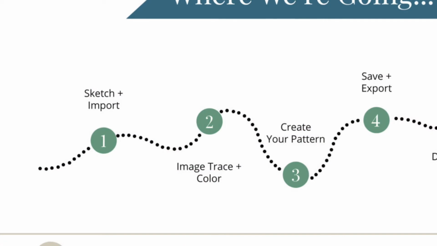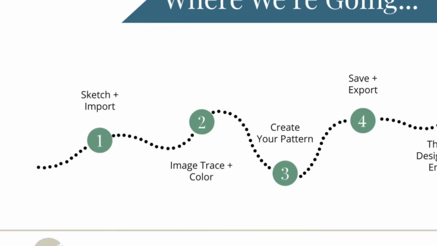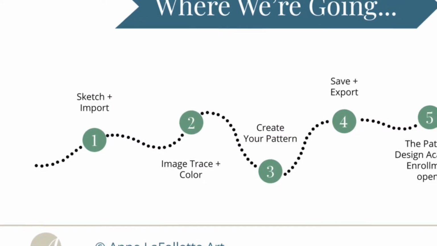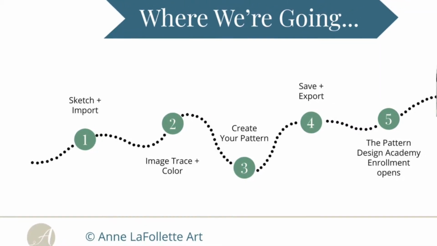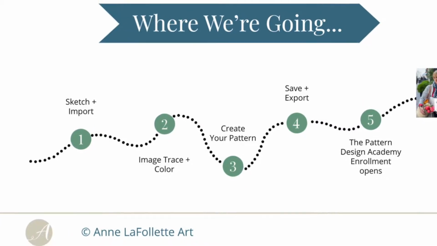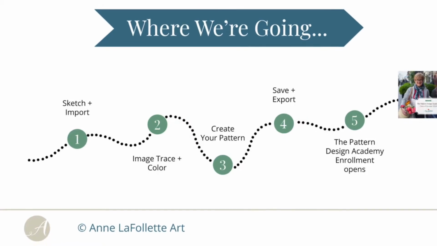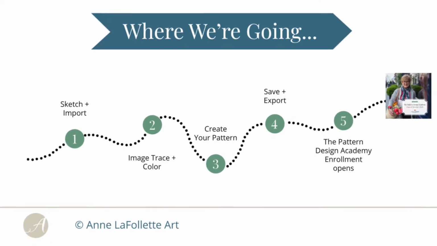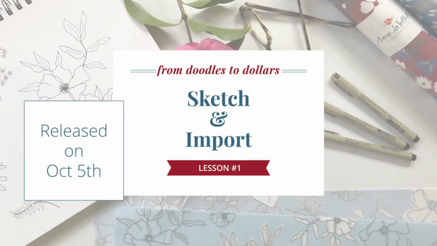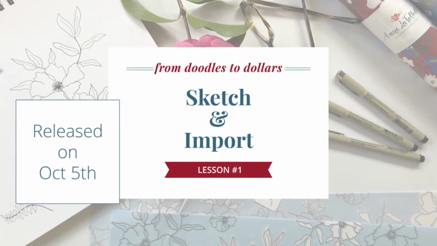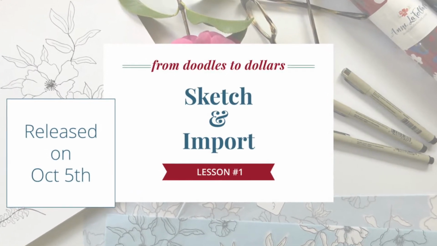What you see on screen right now is the actual roadmap that shows you that we get started with video recordings that are going to walk you through a 4-step process. The first video is called Sketch and Import, and then you can see as you go further in the journey that you will image trace and color your work inside Adobe Illustrator.